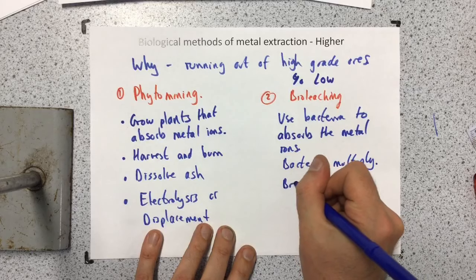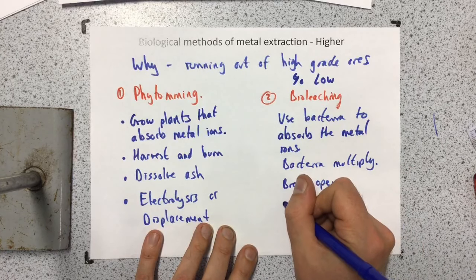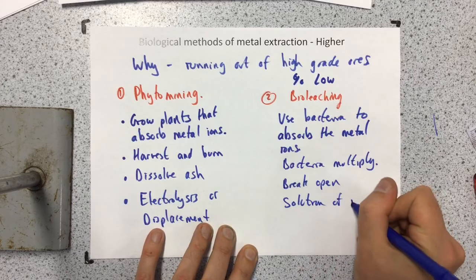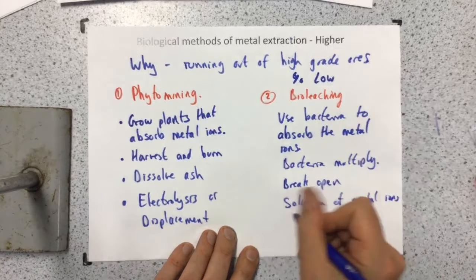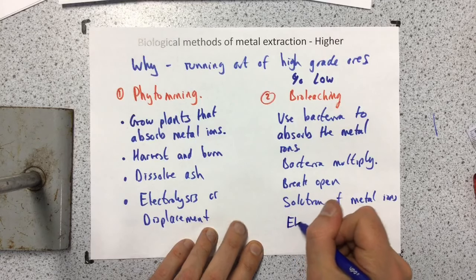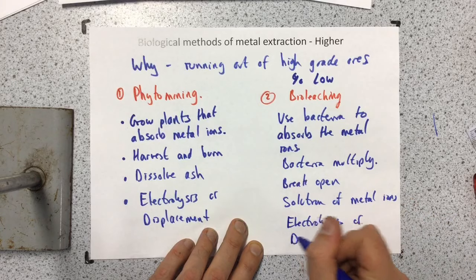You break it open and you have a solution of metal ions. Finally, same stage as the last one, right? So you use electrolysis or displacement.